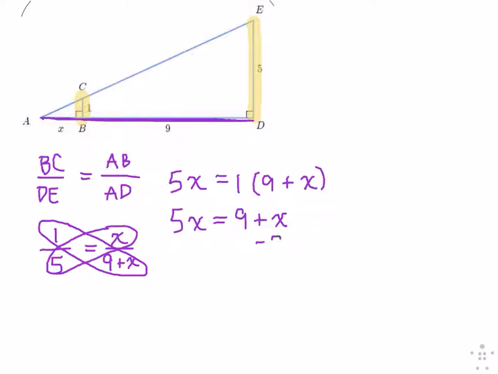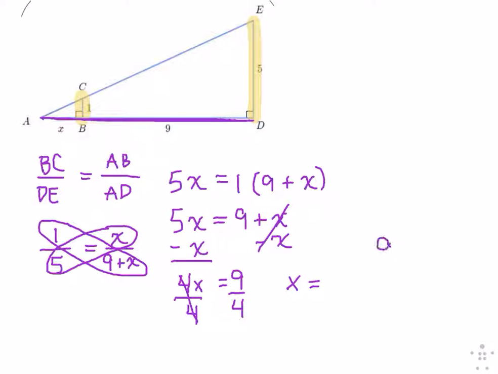And then we can solve this equation by subtracting x from both sides. So we're left with 4x equals 9. And then I can divide both sides by 4. So x equals 9 divided by 4.